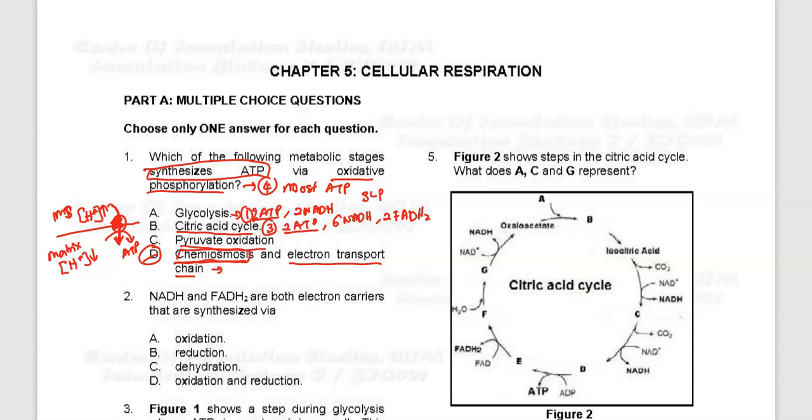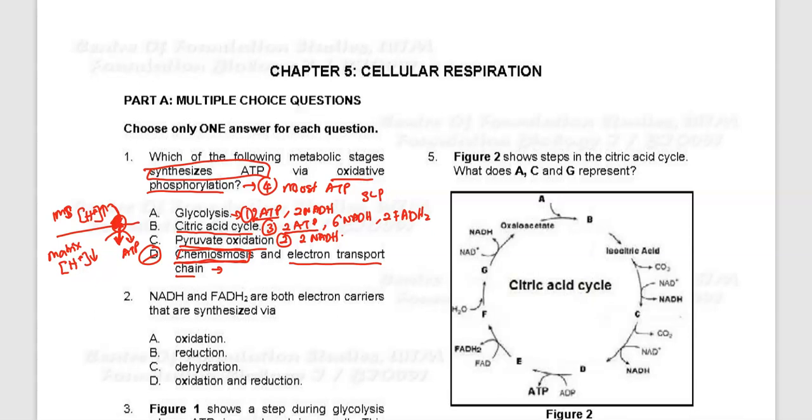And then as for pyruvate oxidation, it is the second stage of cellular respiration, where it occurs in the matrix of mitochondria and, for one molecule of glucose, produces 2 NADH molecules.